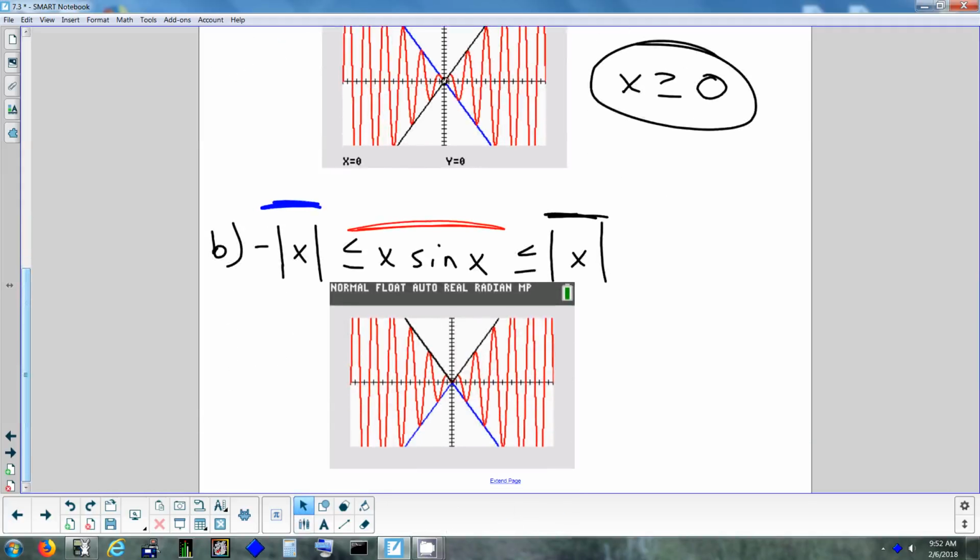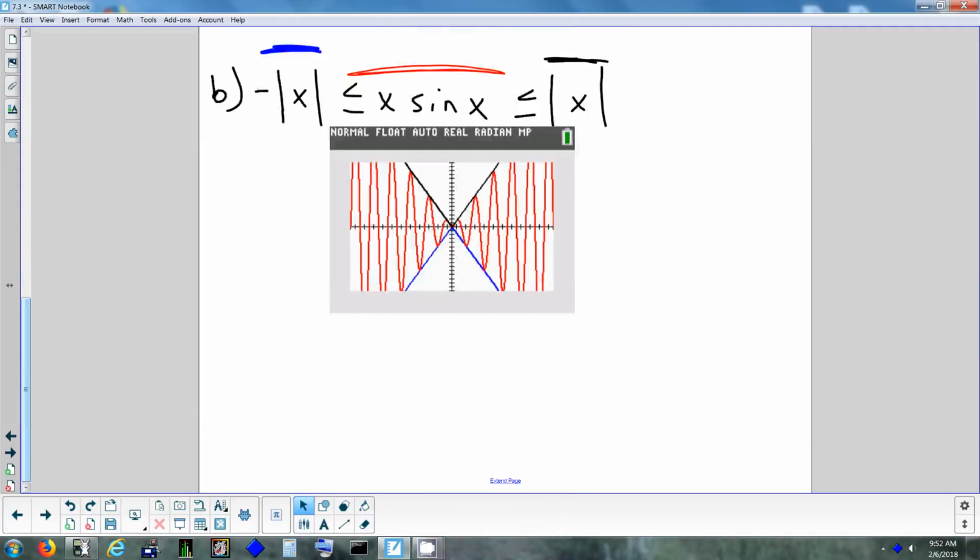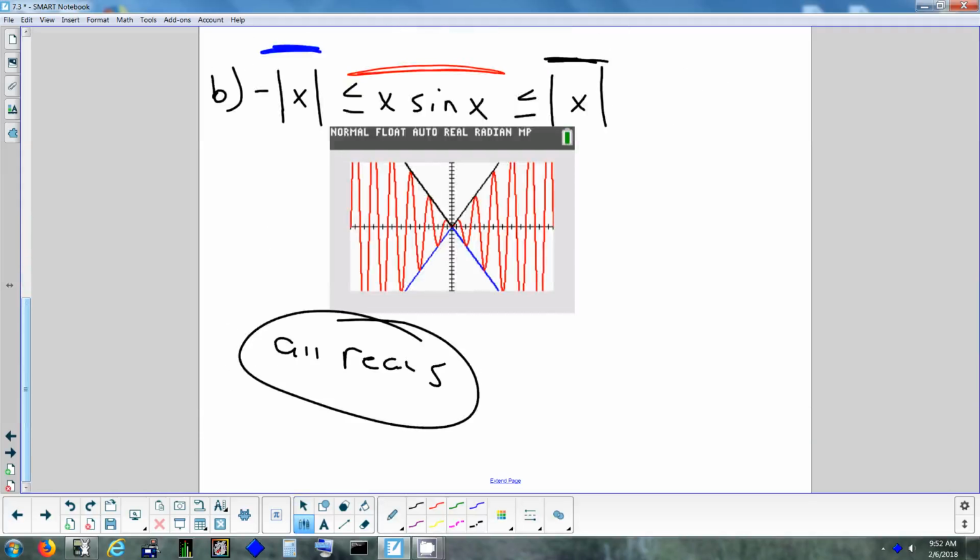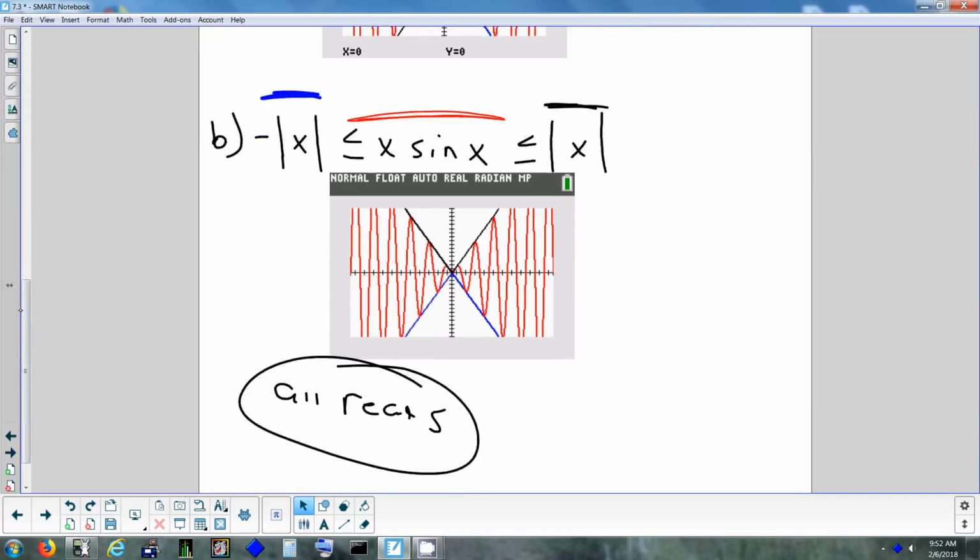Where is the red graph above the blue and below or equal to the black? See it? All the time. So this one is all real numbers. And that's how you solve a double inequality. Generally, with a double inequality, you don't have to worry about intervals. You do it just like we did.